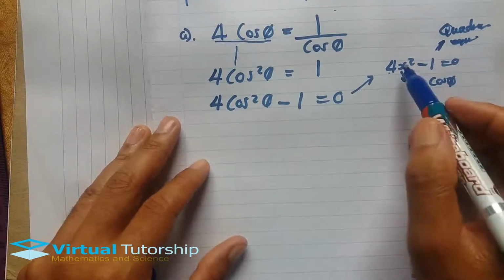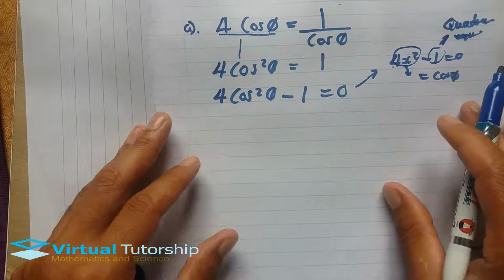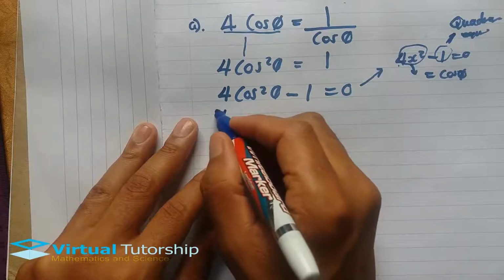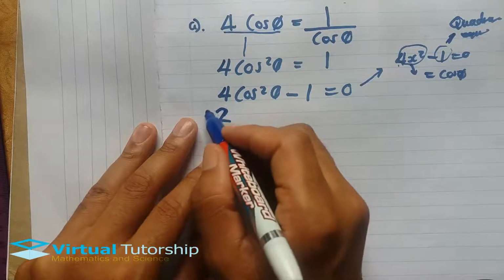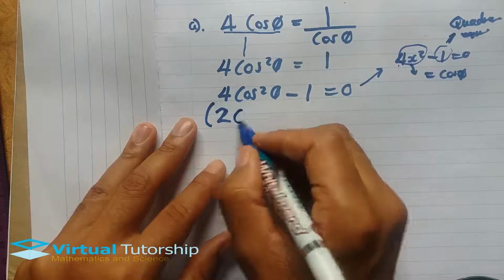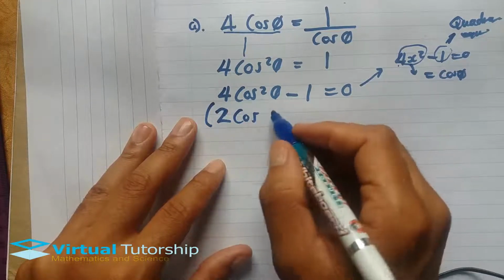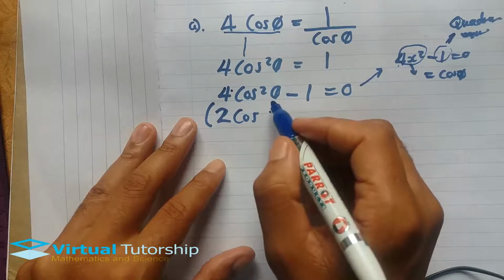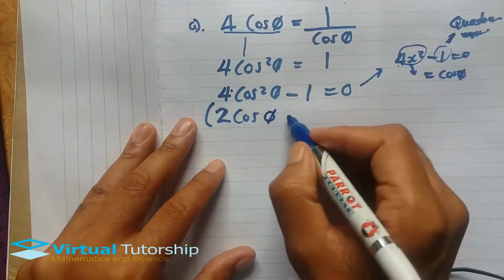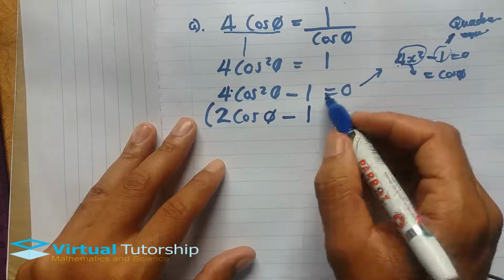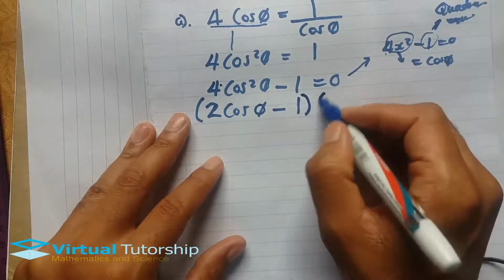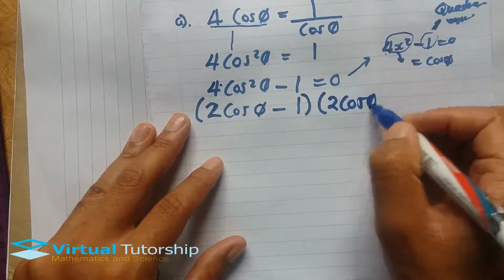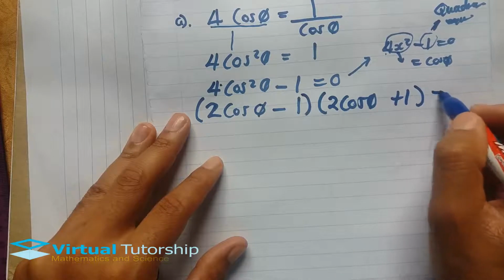Looking at these terms, they are perfect squares, so we can solve it this way. What is the perfect square of 4? The square root of 4 is 2. The perfect square of cos squared theta is cos theta. When solving quadratic equations with perfect squares, this bracket will be like this: (2 cos theta minus 1)(2 cos theta plus 1) equal to 0.